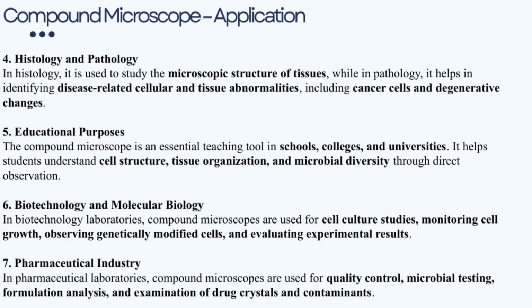Moving on to education, the compound microscope is a fundamental teaching tool across schools, colleges, and universities. It provides students with hands-on experience, helping them grasp complex concepts like cell structure, tissue organization, and microbial diversity through direct observation. This direct visual engagement makes learning much more effective.